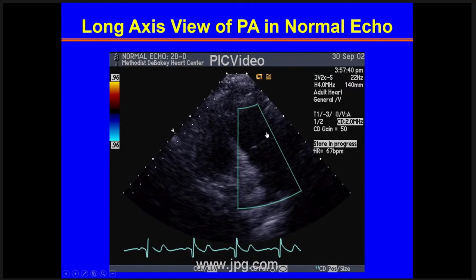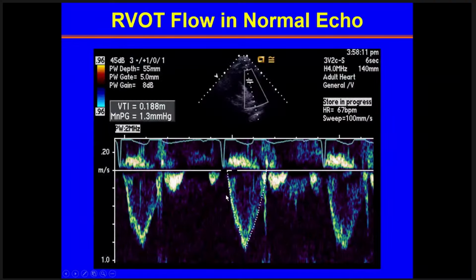One trick one can do is to put color here so it helps you identify the outer edge. And then we combine that with the time velocity integral to quantify the flow across the right ventricular outflow tract.